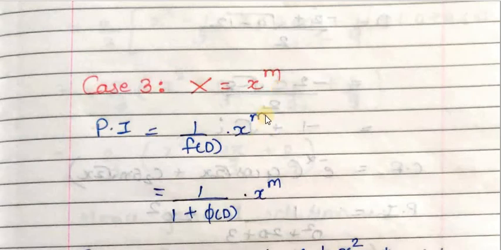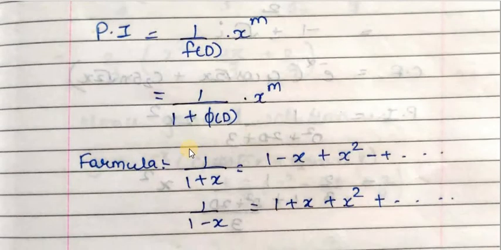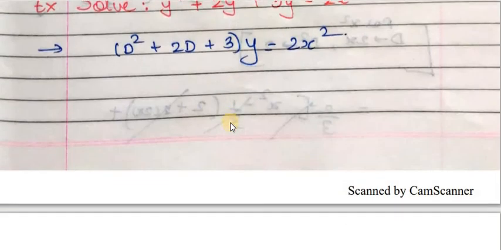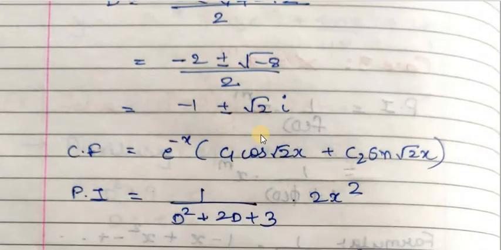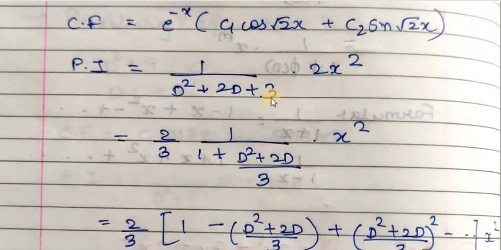So when X is x raised to m, you have to write down the function of d as 1 plus phi of d. How will you make 1 plus phi of d? From this example you can understand what you have to do. You have to take the constant value common if the constant value is present in the function of d.